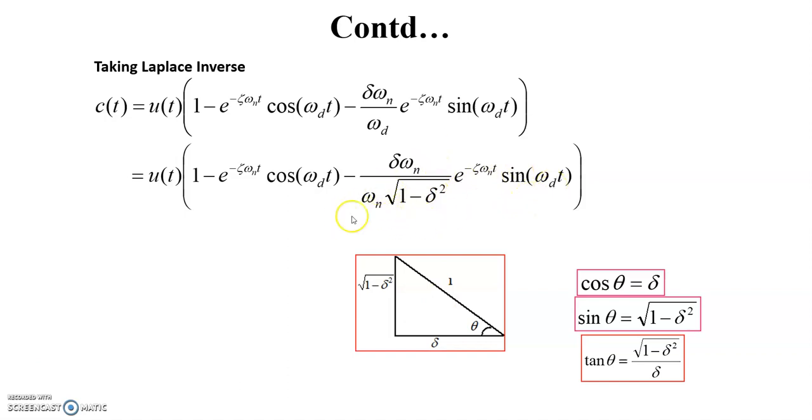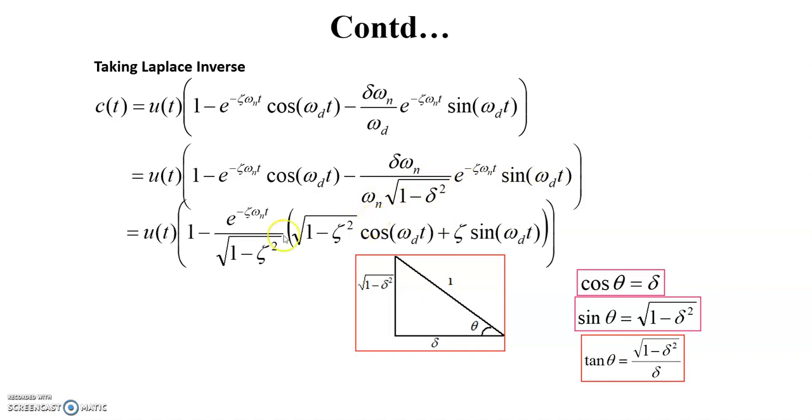So omega n gets cancelled. The remaining term: c of t is equal to u of t into 1 minus e power minus zeta omega n t divided by root of 1 minus zeta square, because I am multiplying and dividing by root of 1 minus zeta square, so that you can form the triangle.